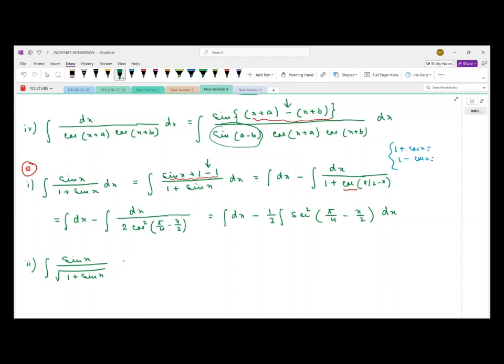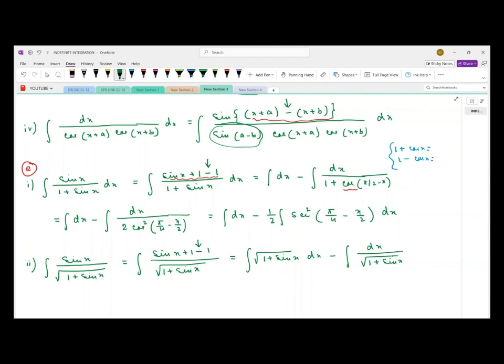So again, if I proceed in the previous method, sin x plus 1 minus 1 by root 1 plus sin x, here we are going to split it along this minus sign. So here we will end up with integration root 1 plus sin x dx minus dx by root 1 plus sin x.